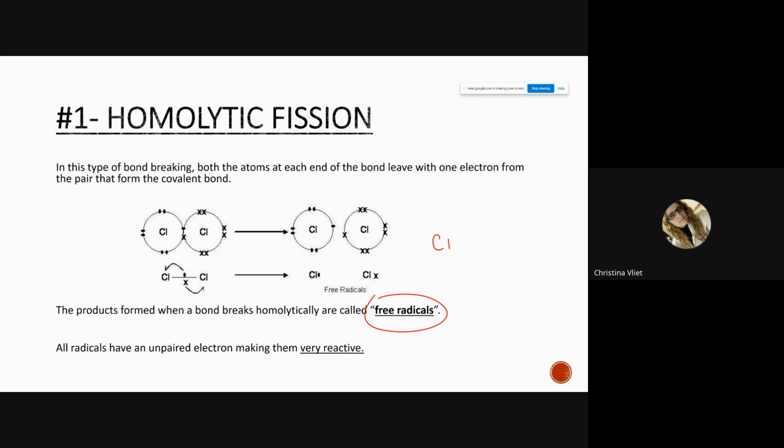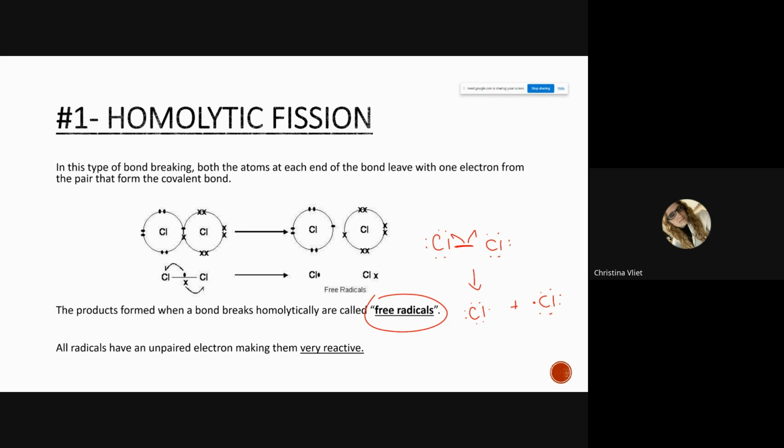In the example I've shown you, which is the example up here, when this bond breaks between these two chlorines and the half arrow goes back to each one, what does this mean you make? At the end, a chlorine like this and a chlorine like this. Do you think that's stable?